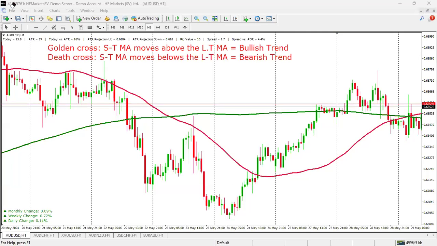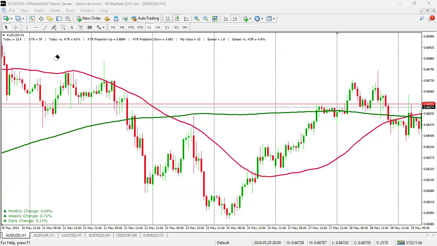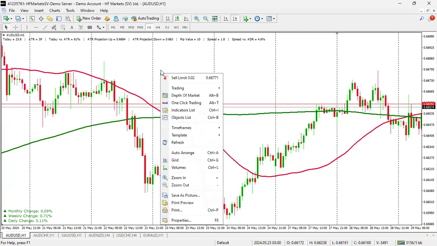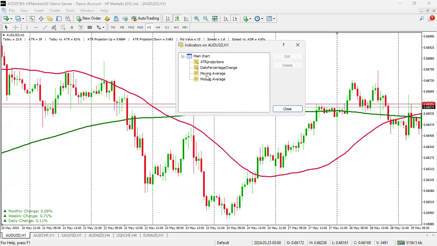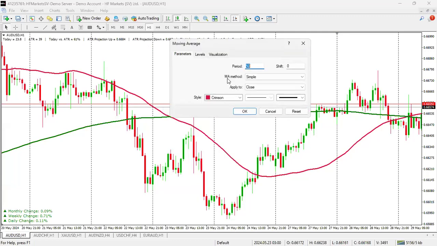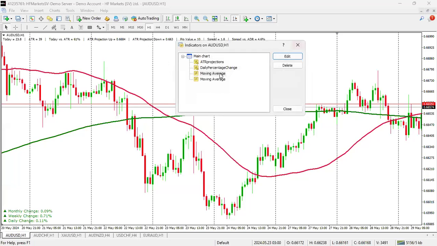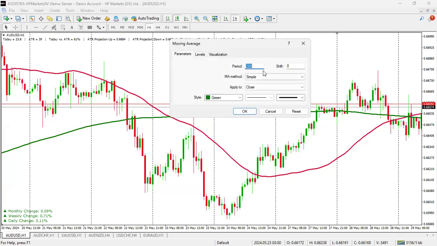Once again, the moving averages that I used for my example today are the 50 SMA and the 200. All right, that's what I used.